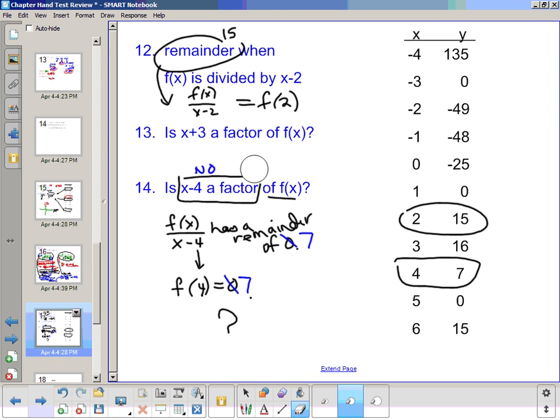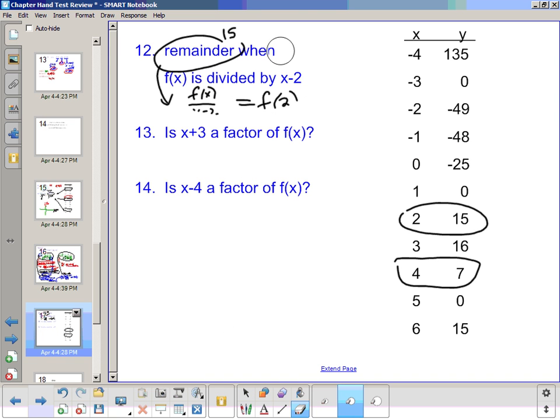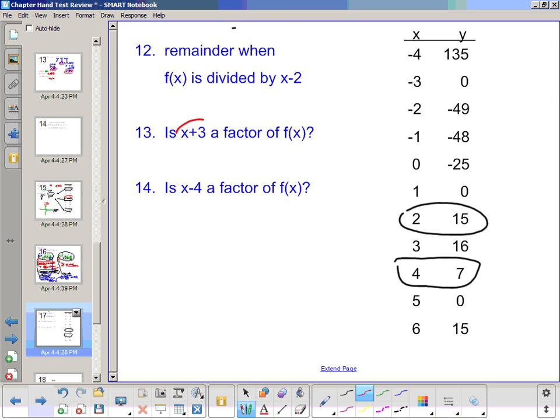Now I'm just going to erase this and let's look at problem 13. We're wondering, is x plus 3 a factor of f of x? If the answer is yes, that means f of x divided by x plus 3 would have a remainder of 0.